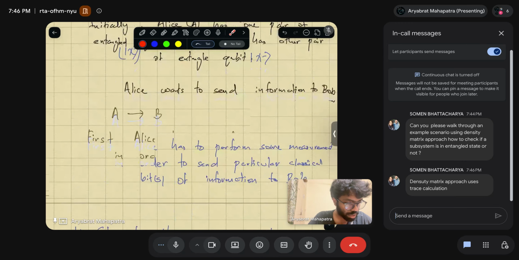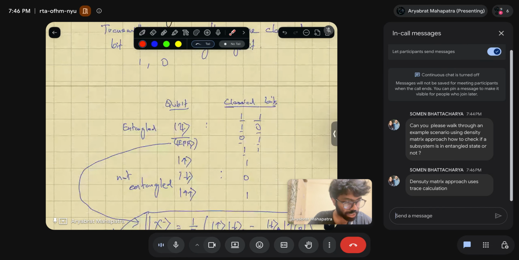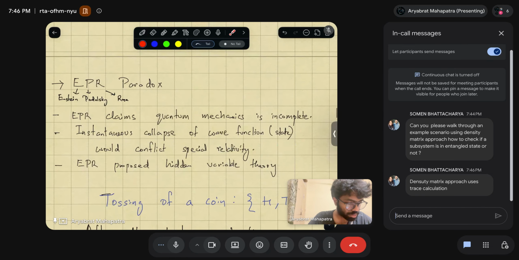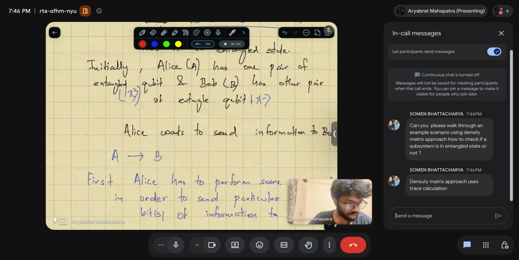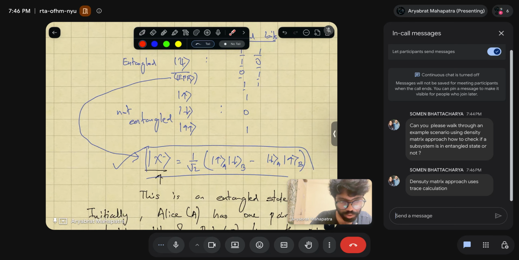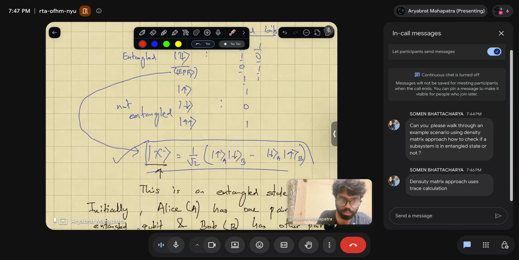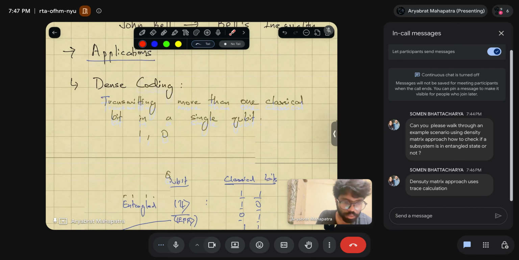So probably I have to start from the beginning. You need this trace calculation. There are partial traces and there are reduced density matrices, and using that you can do that. So I have to do those things again. Maybe I can make a note on that next time when I discuss density matrices. I have not talked about any density matrices yet.